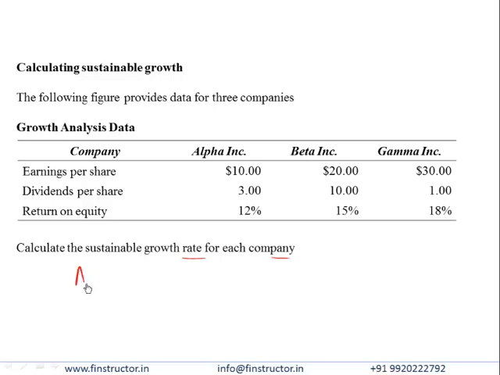Let's first do it for Alpha Incorporated. The sustainable growth rate is equal to the retention ratio times the ROE. The retention ratio for Alpha would be 1 minus the dividend payout ratio, that is 1 minus 3 upon 10, or 70%.